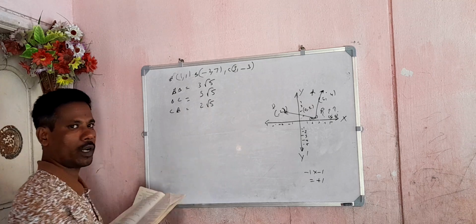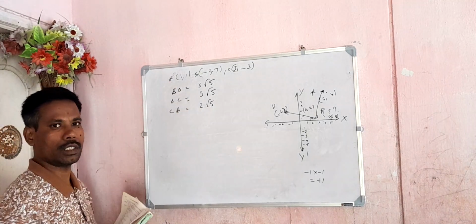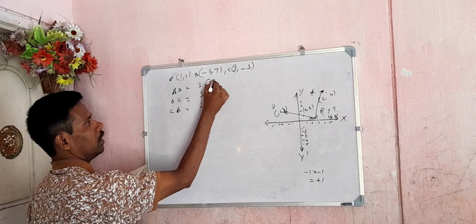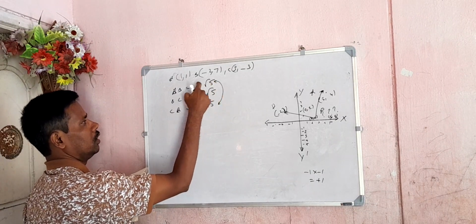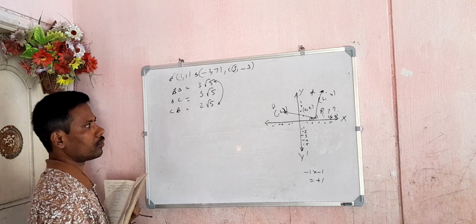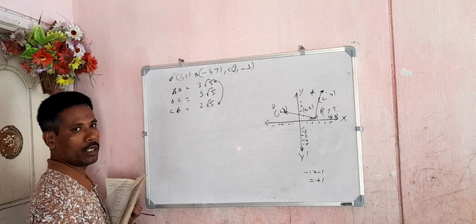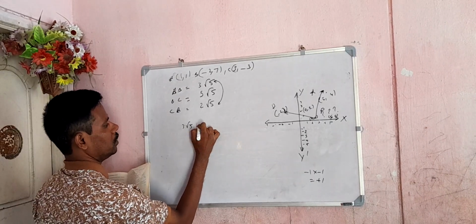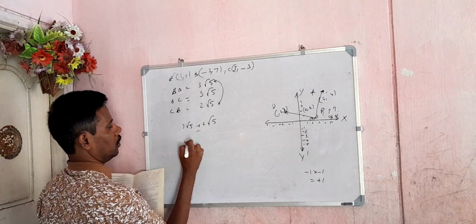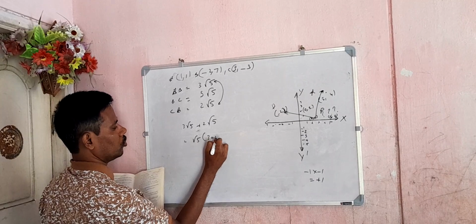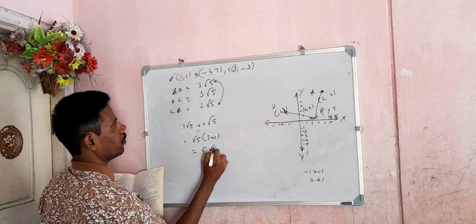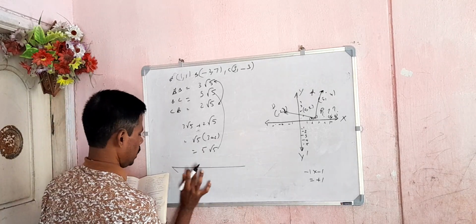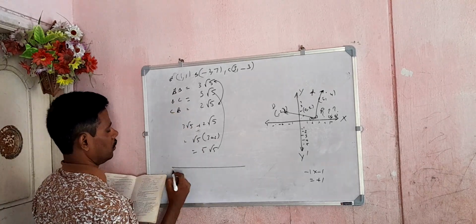That means after finding the distance formula, you will get this answer. Now, see here, AB, just concentrate on this, AB and CA, 3 root 5 and 2 root 5. 3 root 5 plus 2 root 5, root 5 take common, 3 plus 2 is 5, 5 root 5, which is equal to BC. That means draw a line here, AC.